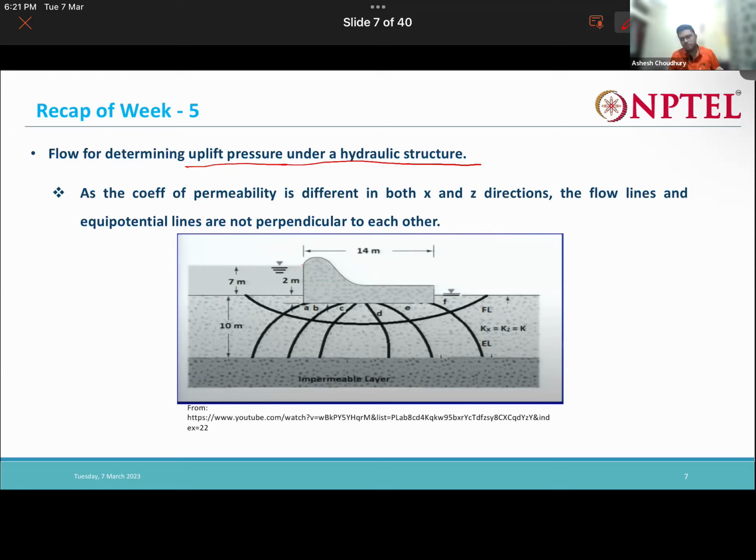Due to the seepage of water, there is an uplift force which acts at the base of the structure.